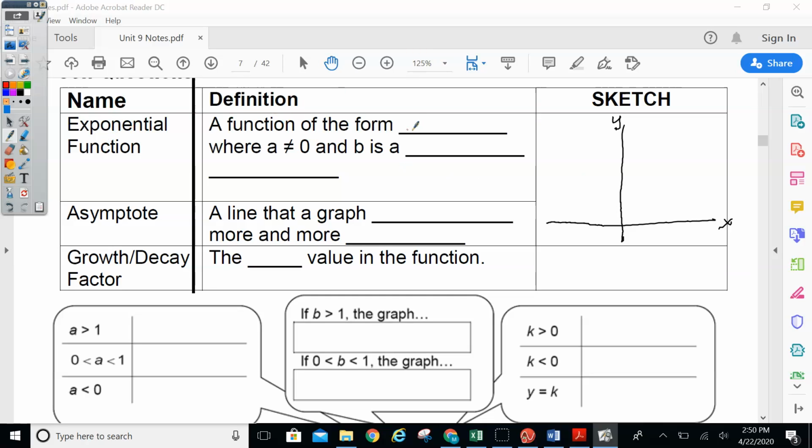Okay, so what is an exponential function? A function of the form y equals a times b to the x, where a can't be 0, because if a is 0, then the whole thing's 0. And b has to be a positive number.